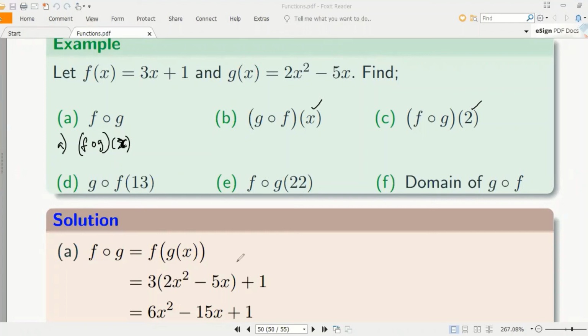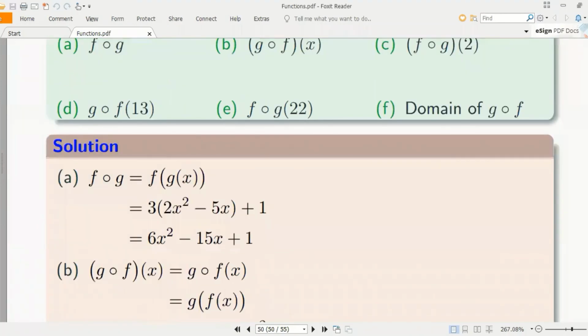So that means in this result, just substitute X with the 2. What did I do? I substituted X with the 2.